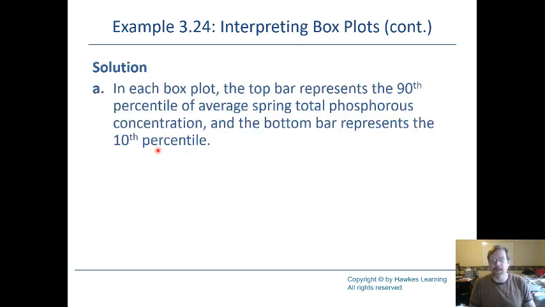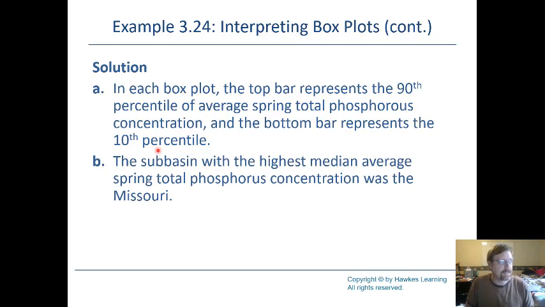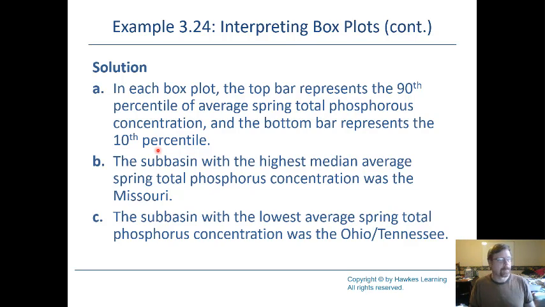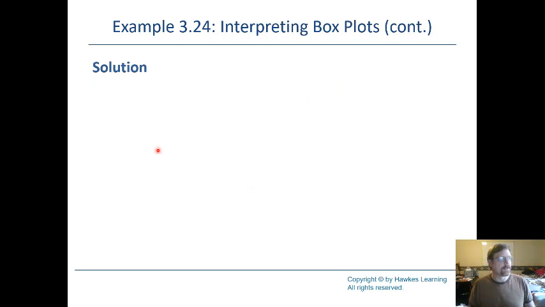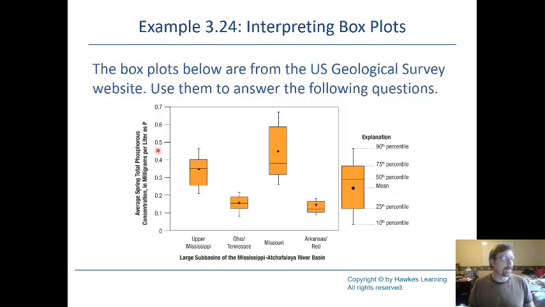Again, I gave that one away. Highest median average spring total phosphorus concentration was the Missouri. Lowest average spring total concentration. I missed that the y-axis was an average already.